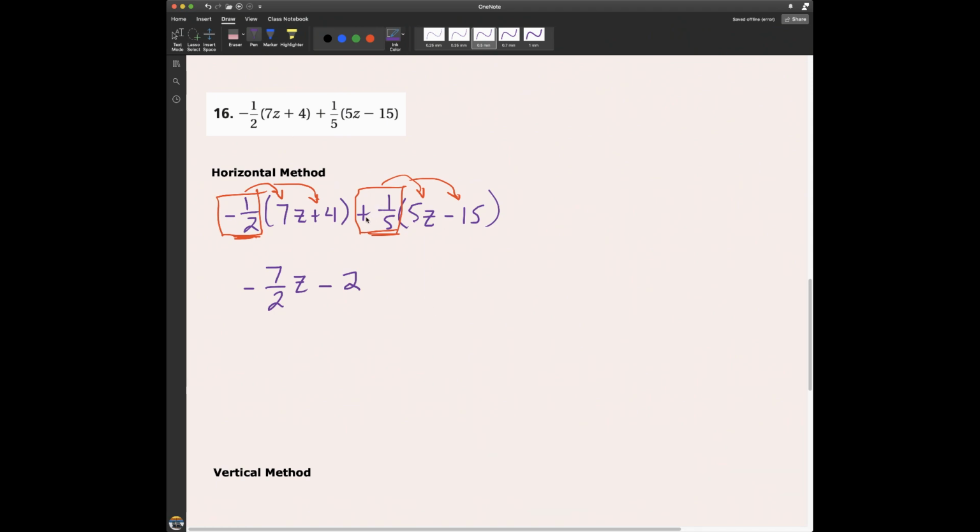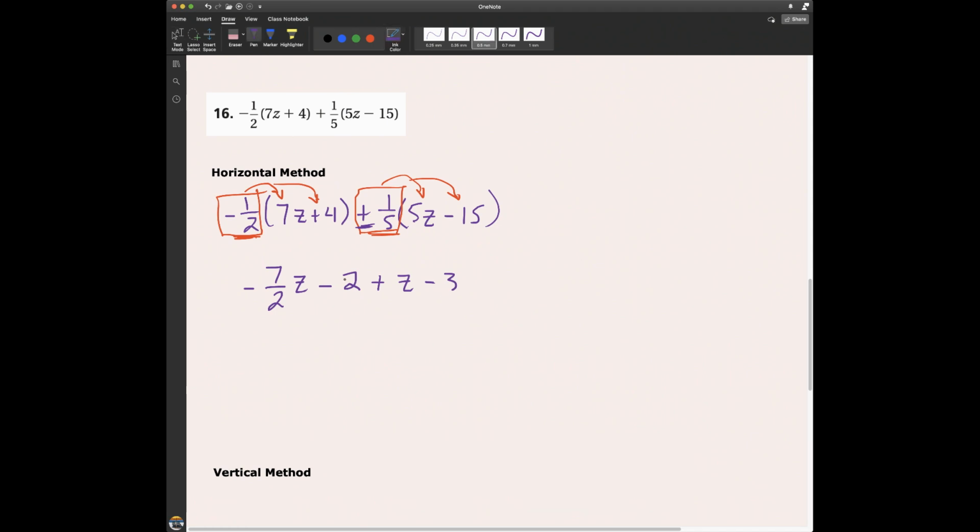Then I have positive 1/5 times 5z. Notice I included that positive. So it's positive 1/5 times 5z, which the 5's cancel, and that is just positive z. And then positive 1/5 times negative 15 is negative 3.